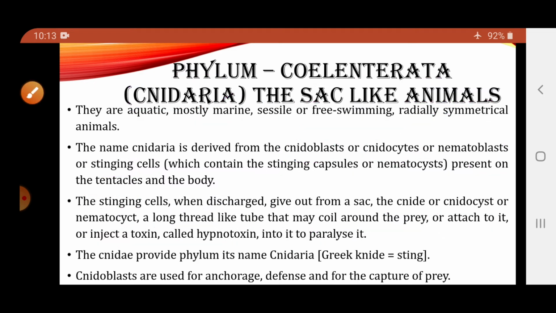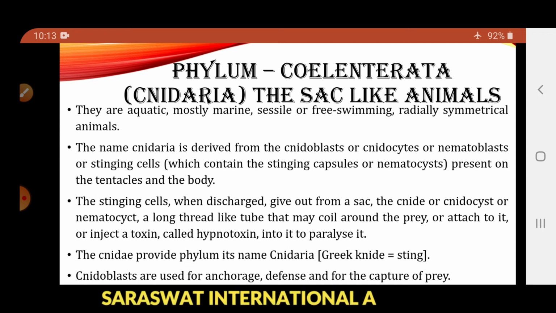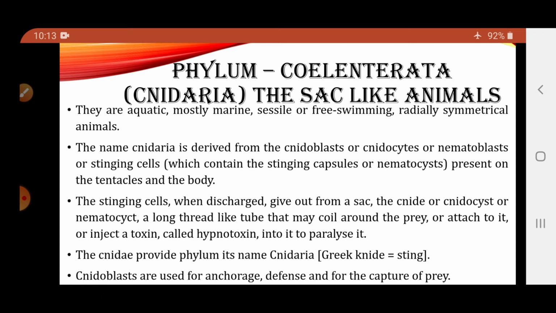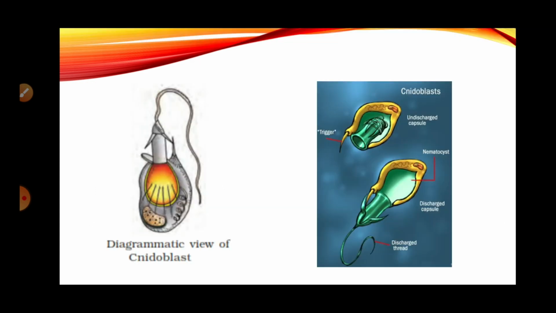So this cnida which is released, the material discharged by the stinging cells, provides the name Cnidaria. This is derived from the Greek word cnide, which means sting. Now what is the function of the cnidoblast? They are used for anchorage, that is attachment, for defense, that is their protection, as well as to capture the prey. So this is the use of the cnidoblast.